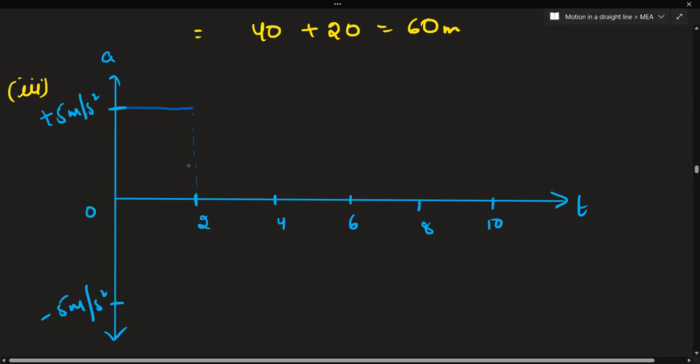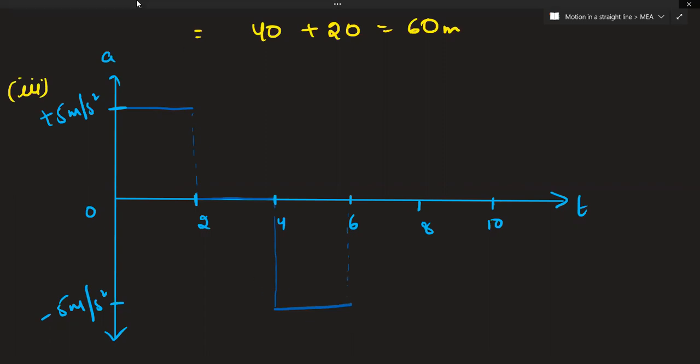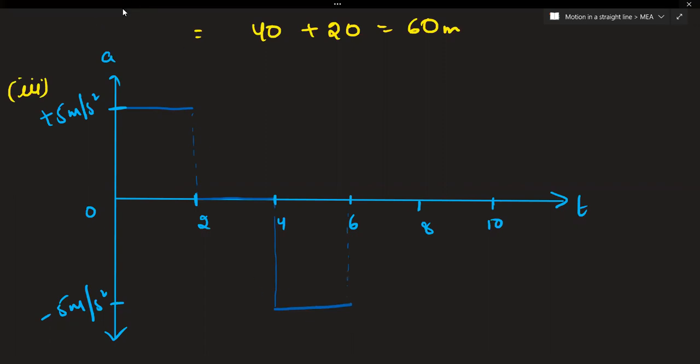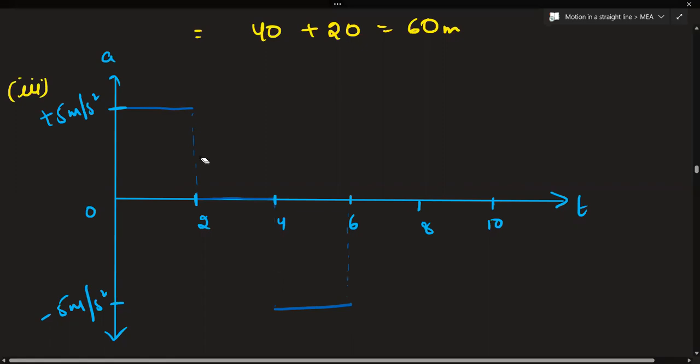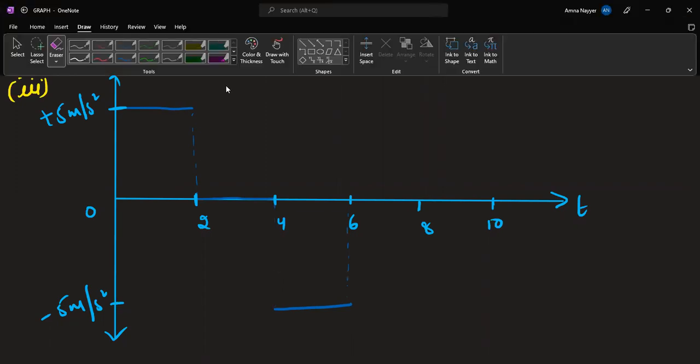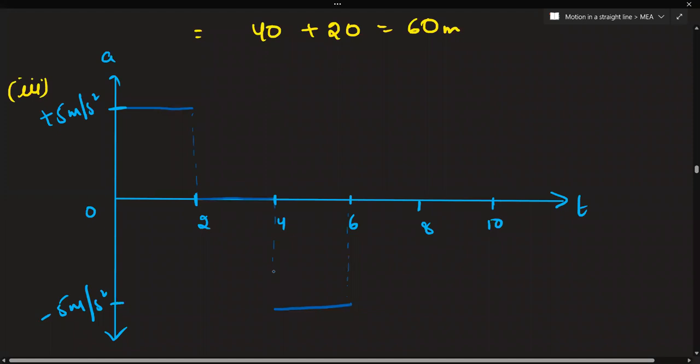Now 2 to 4 seconds, it was 0. So acceleration will be 0. Then 4 to 6 seconds, it was minus 5. You just draw it dottedly. This is the main graph.